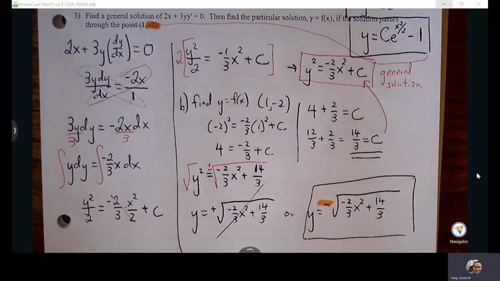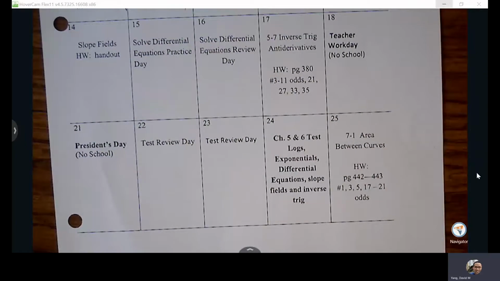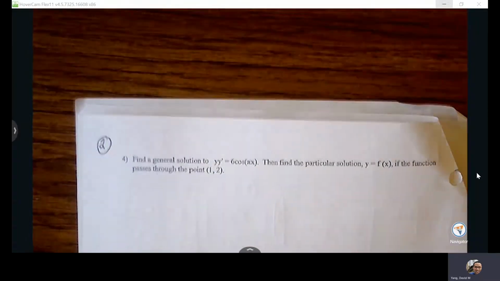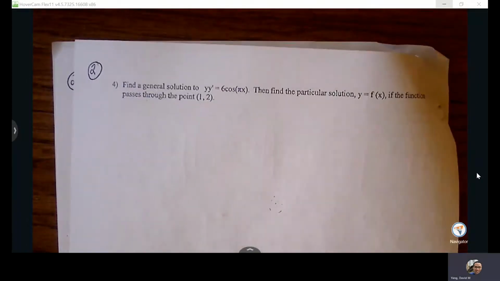Okay, questions? Okay, 2 more examples. Page 2, number 4. Okay, does anybody still need this?